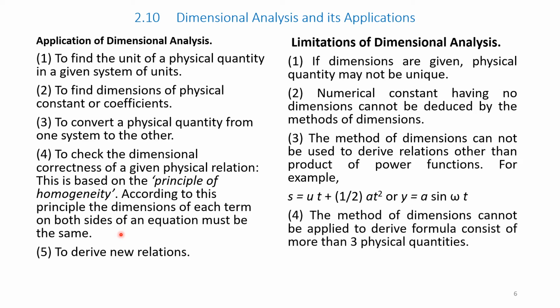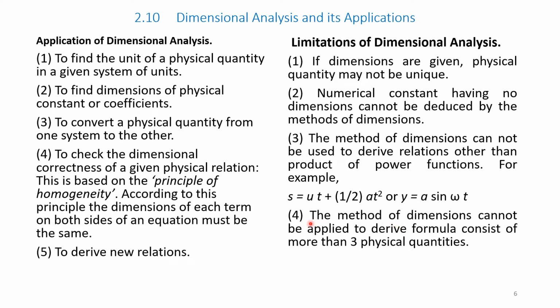For example, s is equal to ut plus half a t square. We cannot use the product function; we can use only powers of the product. Similarly, y is equal to a sin omega t, where sin omega t does not have dimensions.